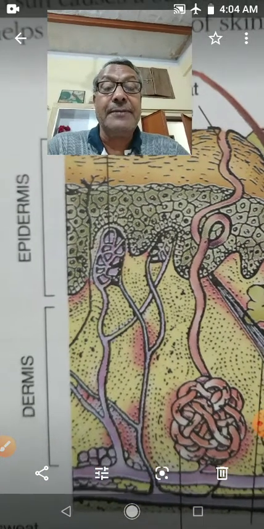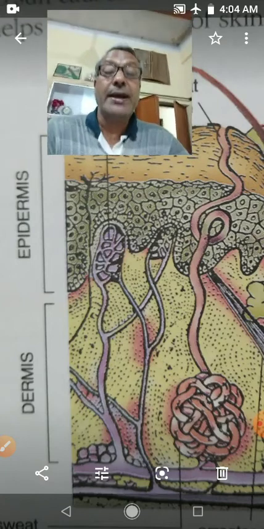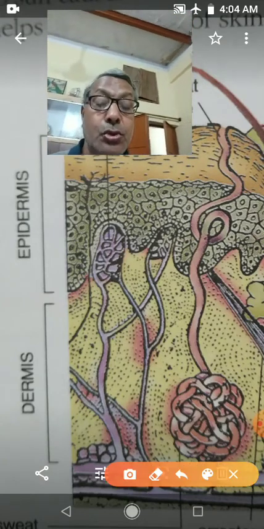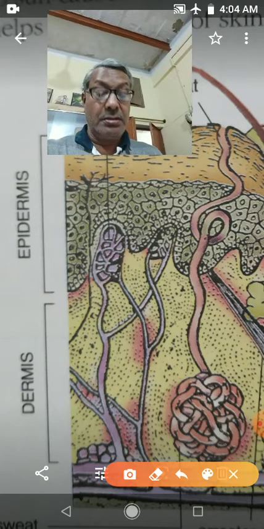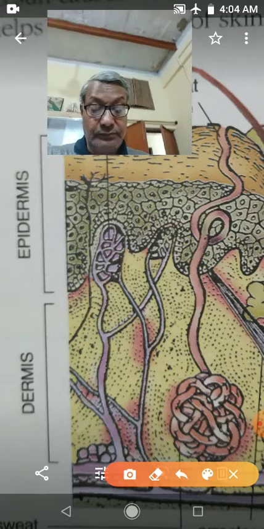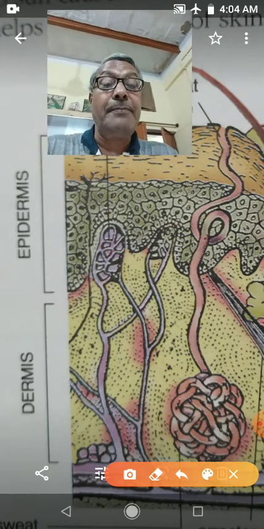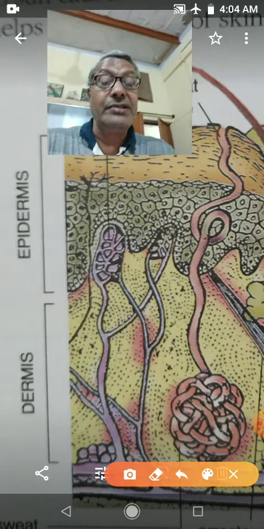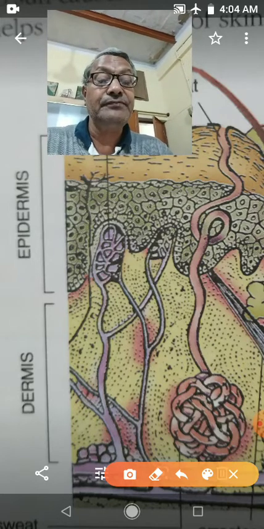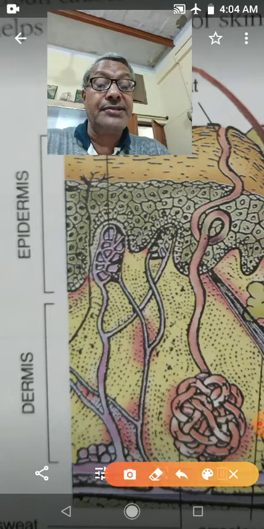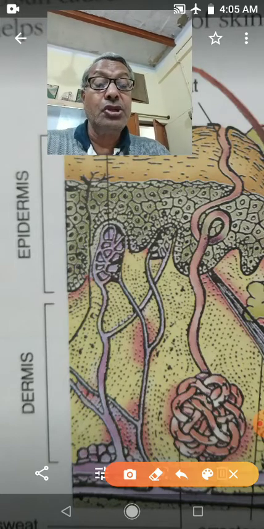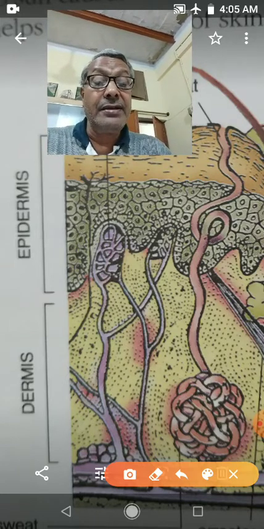In the structure of skin, there are two main components: one is skin proper and the second is derivatives of the skin. Derivatives of the skin are hair, nails, mammary glands, sweat glands, and sebaceous glands.